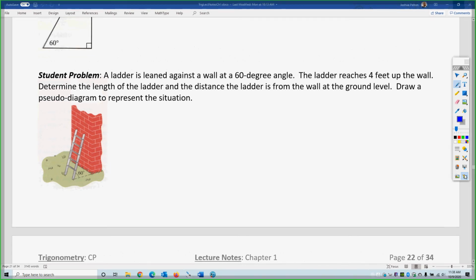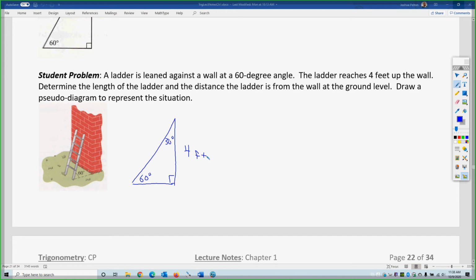The first thing it's asked to do is draw a pseudo-diagram. So we have 60 and 30, and it gave us that the ladder reaches 4 feet up the wall, so this would be 4 feet. Determine the length of the ladder and the distance from the wall.